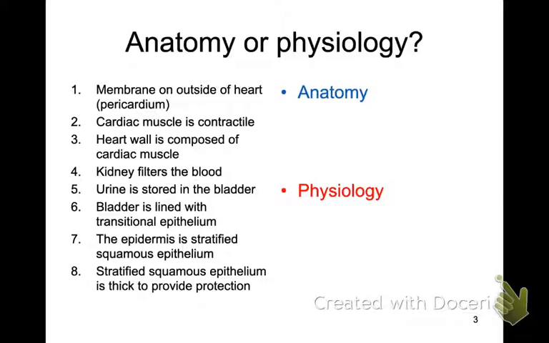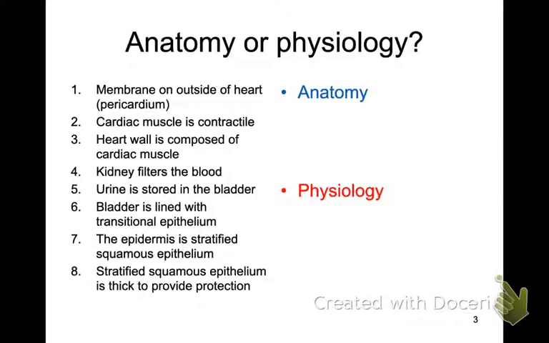The kidney filters blood. Pretty straightforward there. Urine is stored in the bladder. The bladder is lined with something called transitional epithelium, a type of tissue on the inside of the bladder that lines it.